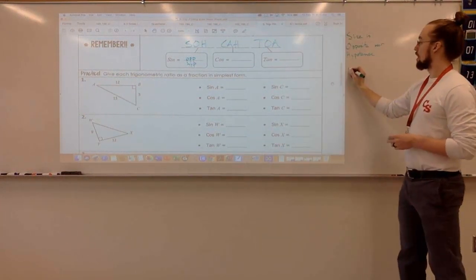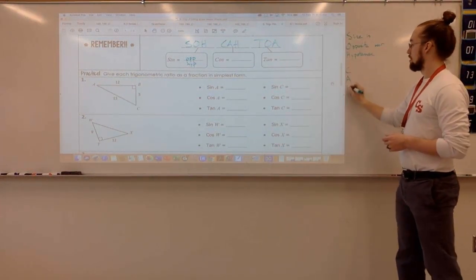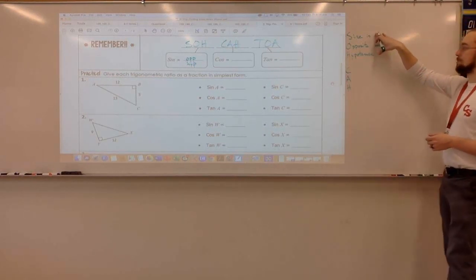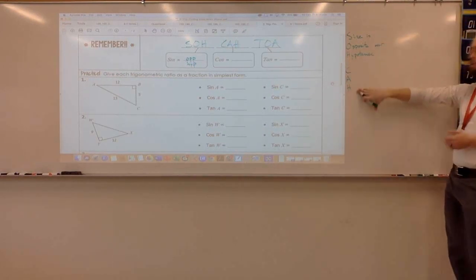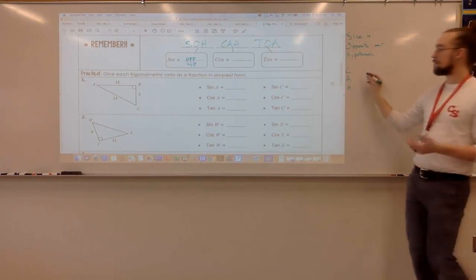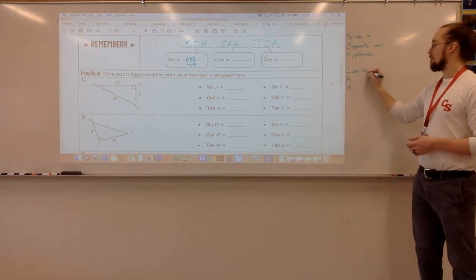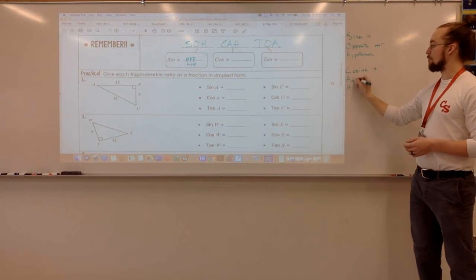Okay. Then CAH. If sine is opposite over hypotenuse, what is CAH going to stand for? Cosine is adjacent over hypotenuse.